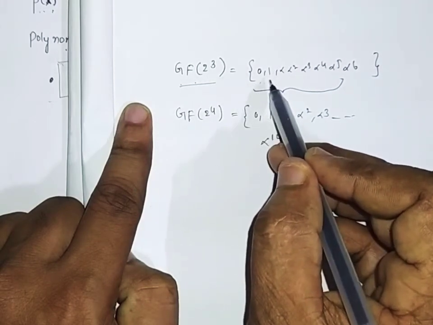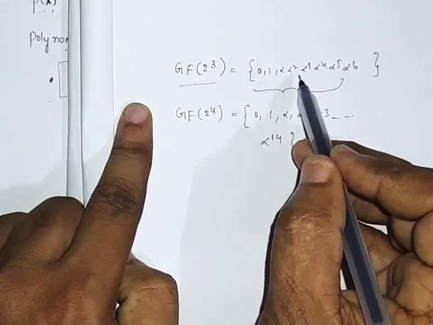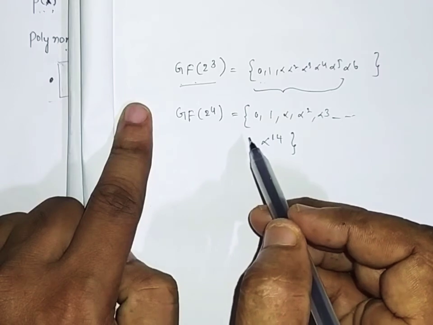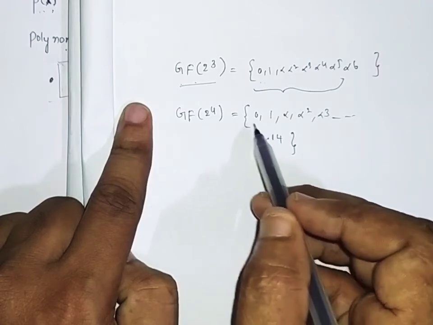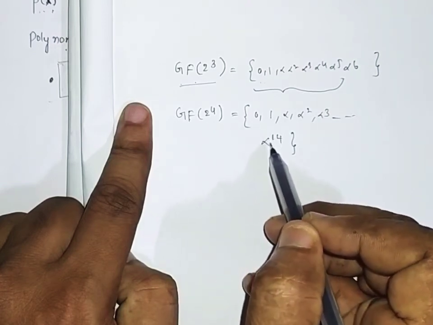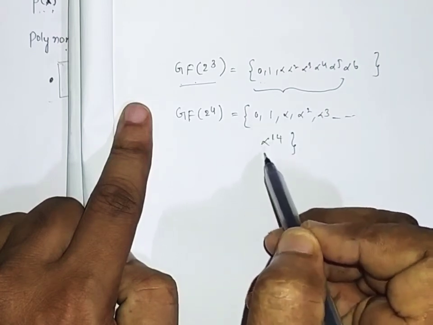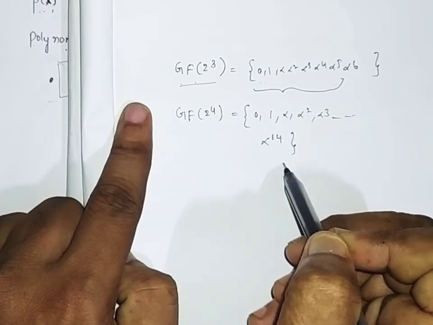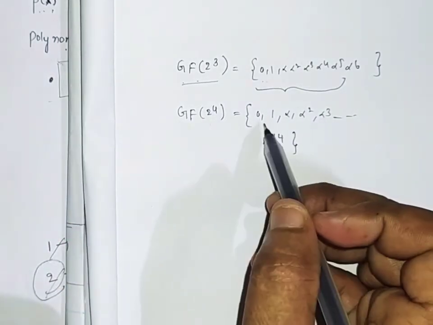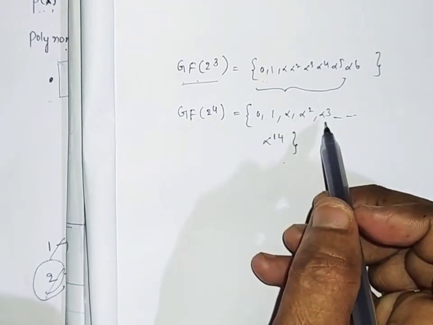All the 8 elements are calculated in the earlier case. So now in this case, I am going to calculate each and every element present in the Galois field 2 power 4. In the Galois field 2 power 4, we have 16 elements. Those 16 elements are represented like this. Now let us see how we can calculate the elements of Galois field 2 power 4.